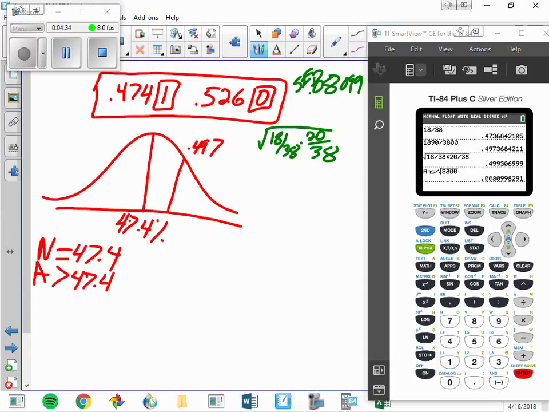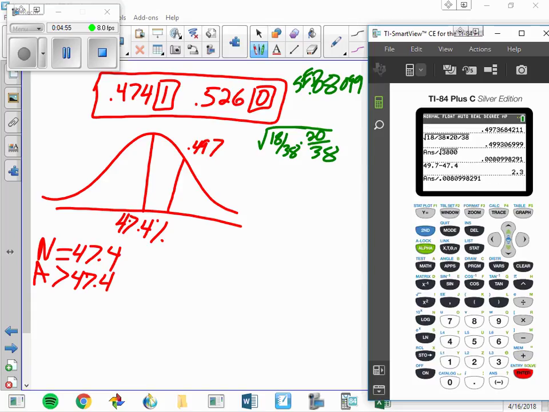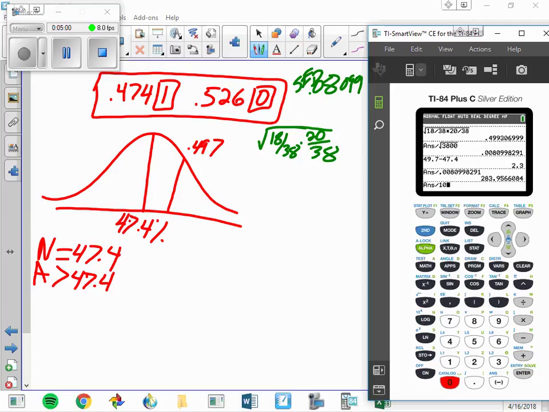Now what do I do? Z-score. So 49.7 minus 47.4, and then I divide that by my SEP, which is right here. Oh, I did it again. Now I need to divide it by 100. SEP is 0.8099.